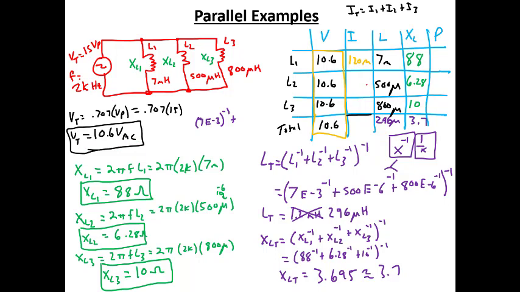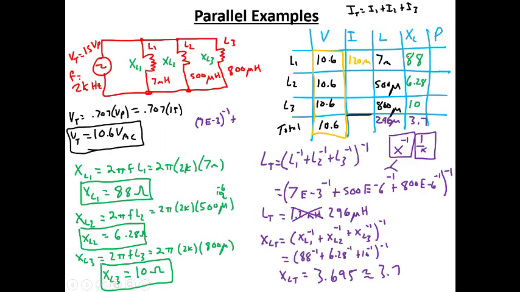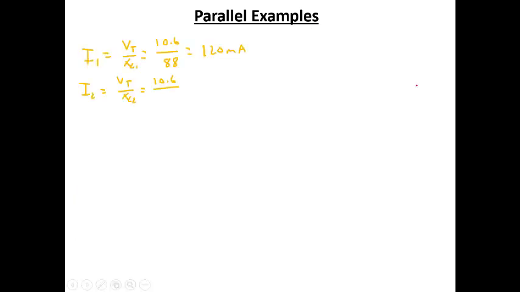All right, let's go to the next one, I2. That's equal to V total divided by X sub L2. So that's 10.6 divided by 6.28, and I get 1.69 amps for that one.